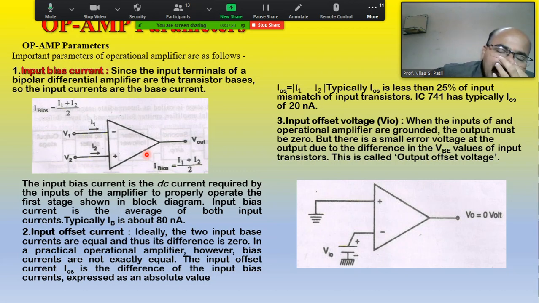The input bias current is calculated by taking the average of both base currents, I1 plus I2 divided by 2, and that average is known as the input bias current. It is necessary for the proper operation of the input stage. We know the input stage is a differential amplifier, the double-ended input and double-ended output type, and for that we have to take the input bias current.